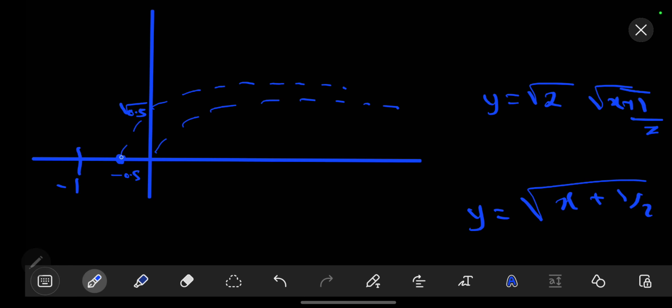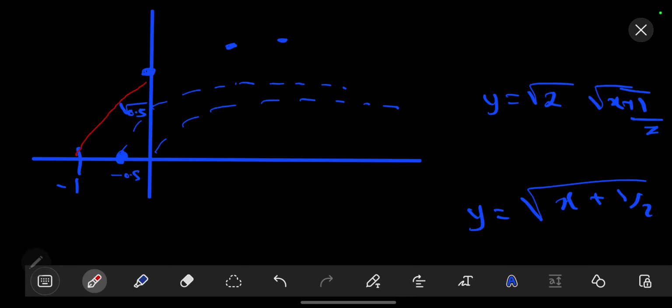If you look at 0, it will be 0 times 1.4, so it will still be here. Whatever the value of the square root of 0.5 is, if you multiply by 1.4, it is going to go slightly up. So let's say it will be here. Then each other point, if I multiply like that, it will continue moving like that. So what we have to do now is join.